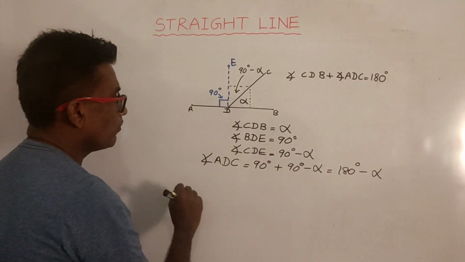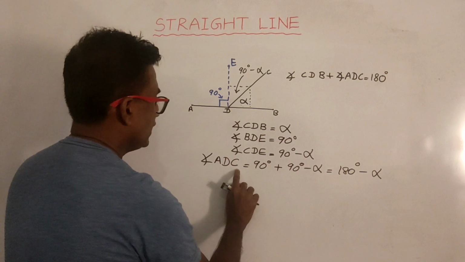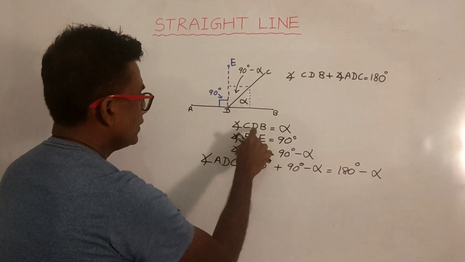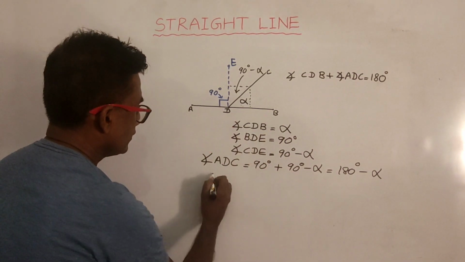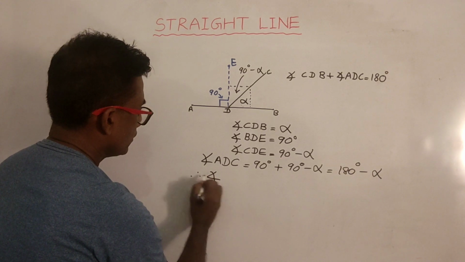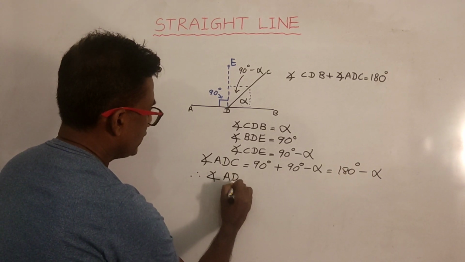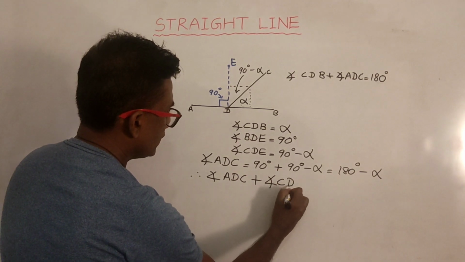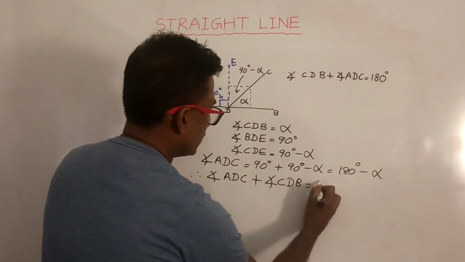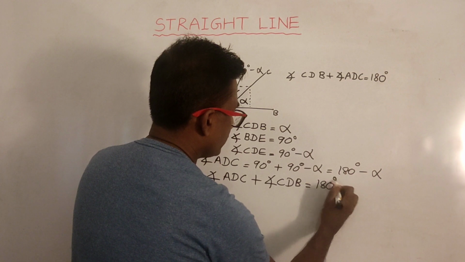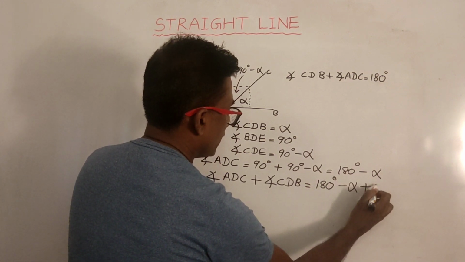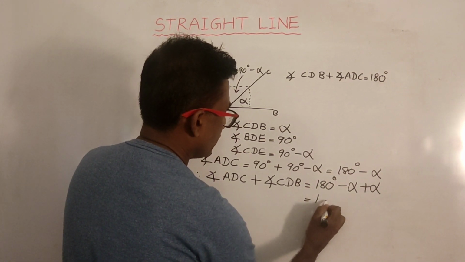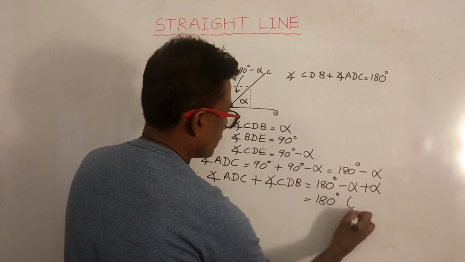Now what is the sum of ADC and CDB? Therefore, the sum of ADC and CDB is going to be 180 degrees minus alpha plus alpha, which is 180 degrees.